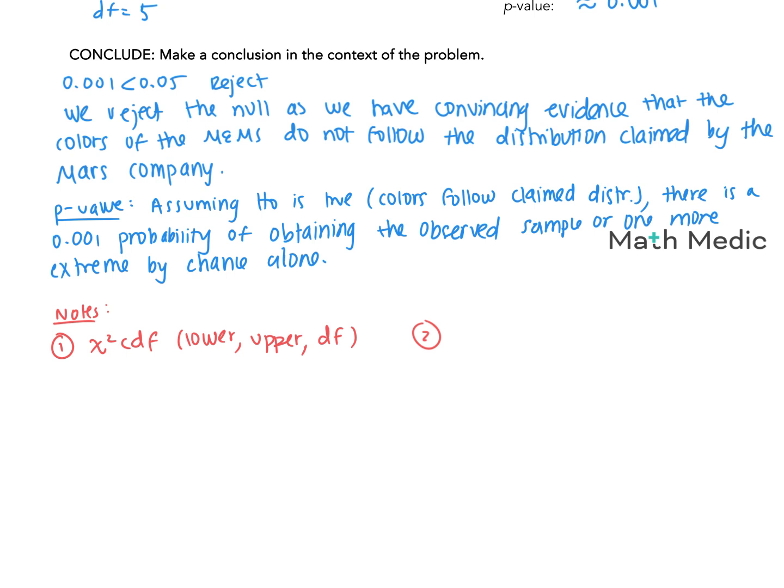And the second thing is a little bit about the chi-square distribution. It starts at 0, so there are no negative values for chi-square. It is skewed right. As the degrees of freedom increase, the distribution becomes more symmetric.